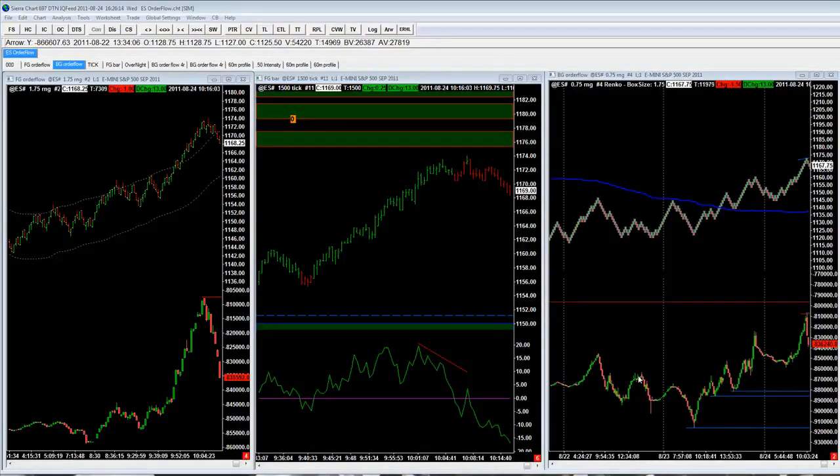Does that make sense? I know it's not easy to grasp the first time. You got to really think about it and hear me talk about it some more. But what it comes down to, the market is constantly trading back and forth between zones of this resting inventory.